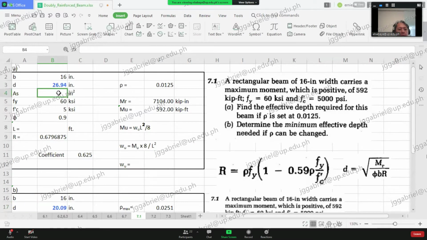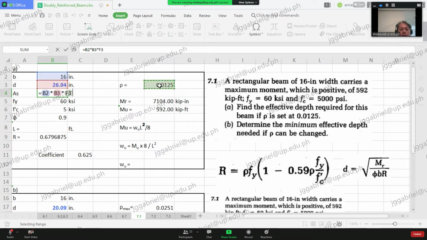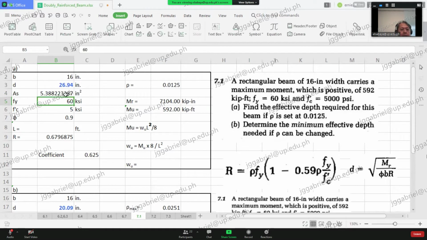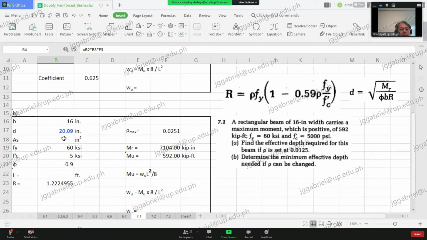Now, let's compare the area of steel. What's the formula for area of steel? It is equal to B times D times rho. So this is the area of steel, 5.38, 5.39. What about for this?